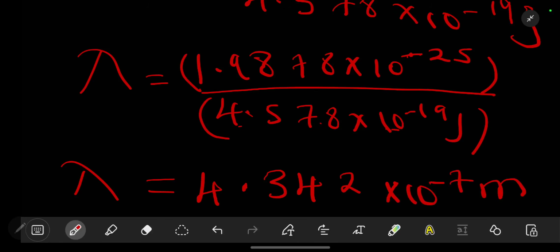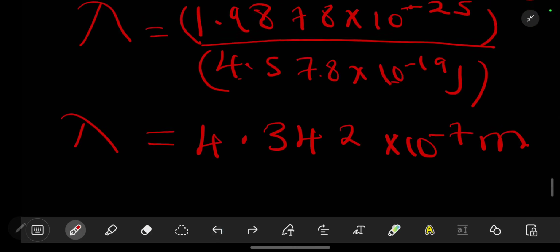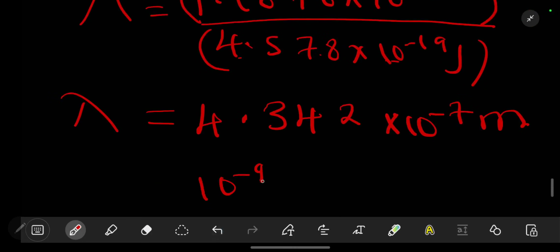Now this is in meters. If it was centimeters, we could have said nanometers, but since it's meters, 10 to the power negative 9 meters is equal to a nanometer. So we are going to move the decimal point 2 times, so that this can change into a 9.